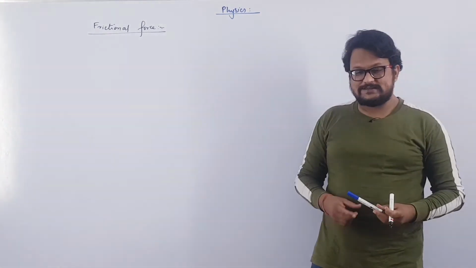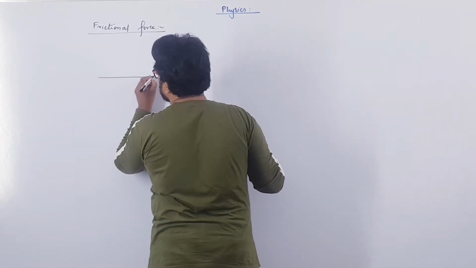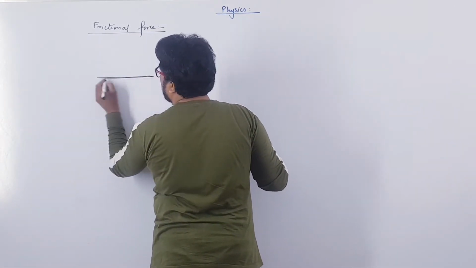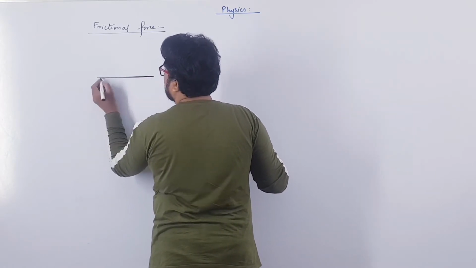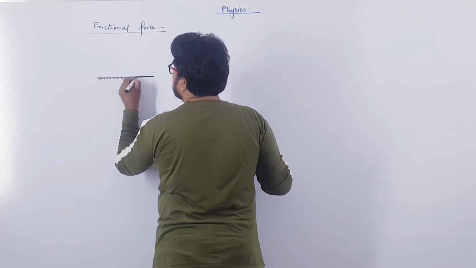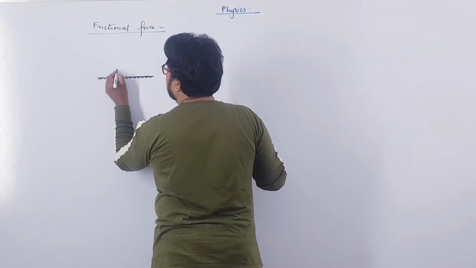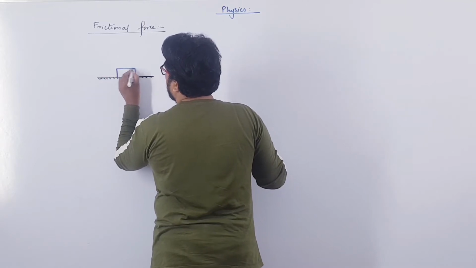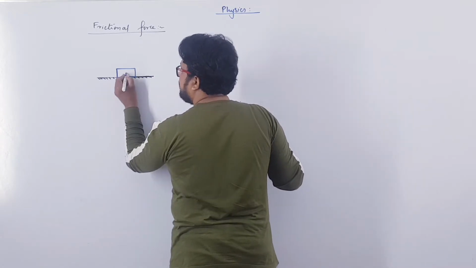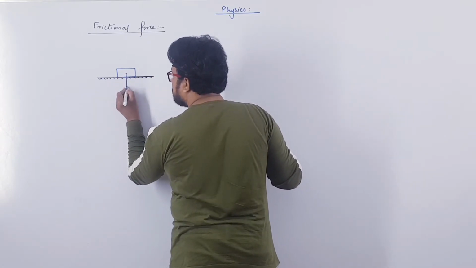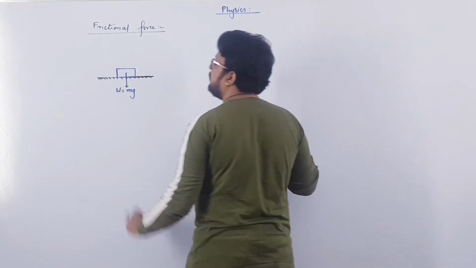You might have seen that if a book or any object is lying on a surface, let us say this is that surface, and a book or any other object is placed on it, and the object is at rest or stationary. In that case, you know that the weight of the object, W equal to mg, will act in the downward direction.